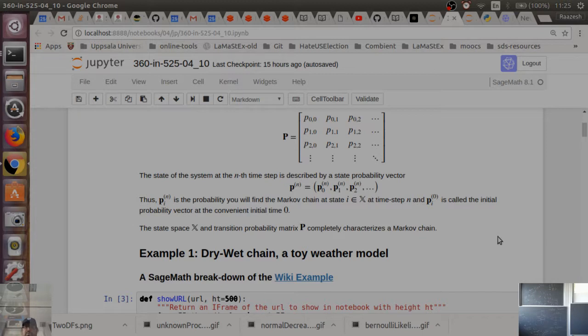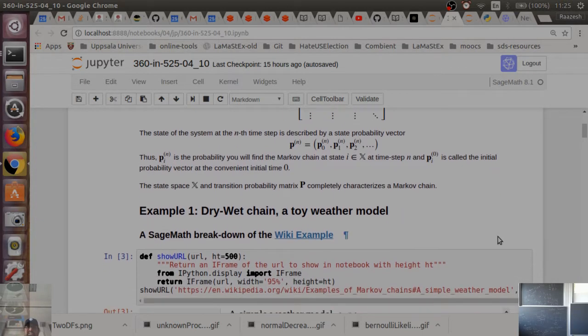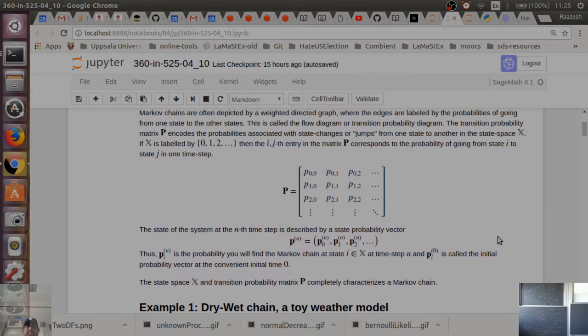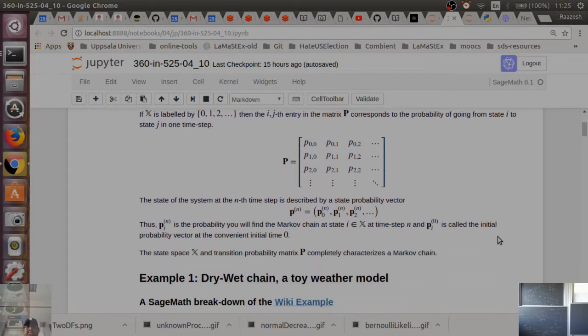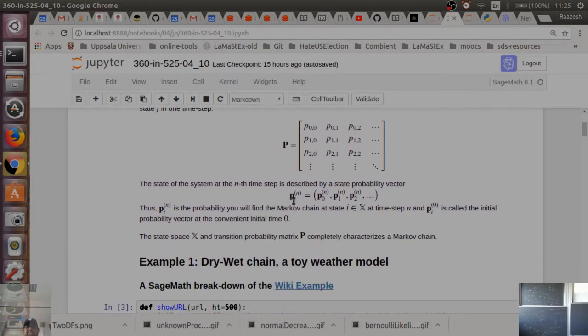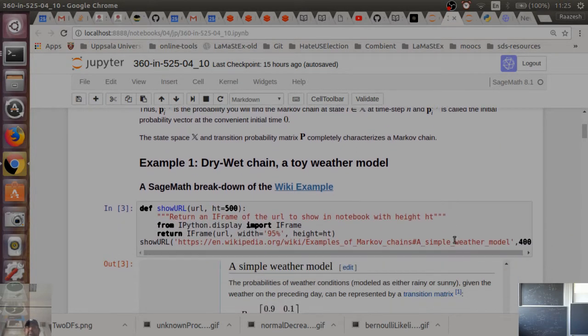Now, with those two things, we're pretty much on our way, because we just need a mechanism to get the state probability vector p super n from the previous state probability vector p super n minus 1. And this simply comes from matrix multiplication, as we will see.